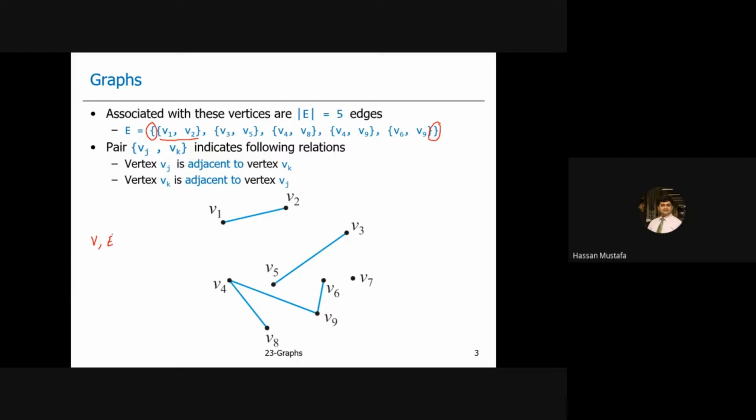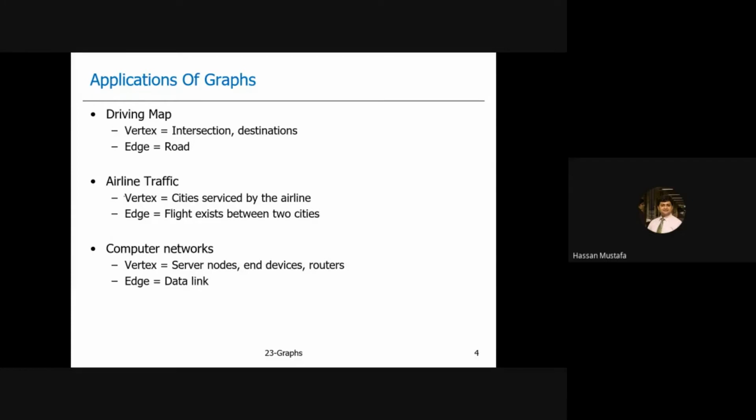So now we'll see some applications of graphs. As I said earlier, a graph can be used to represent a driving map. So, for example, we have some vertices here: v1, v2, v3, v4. Now I'll show all these applications using these four vertices. If I'm representing a driving map here, these v1, v2 may be intersections or cities in a geographical location.